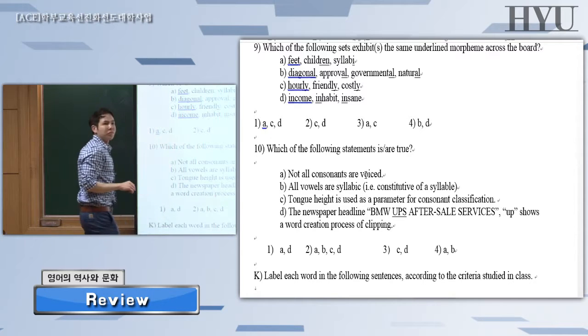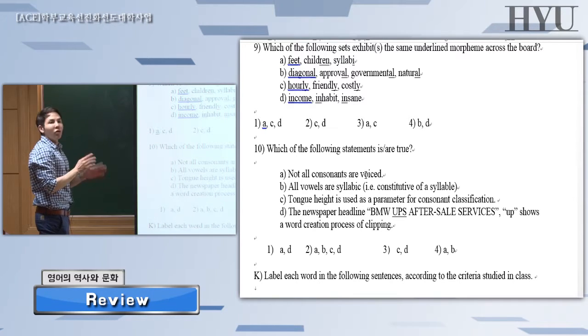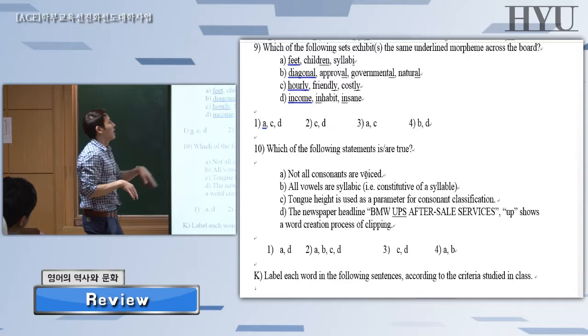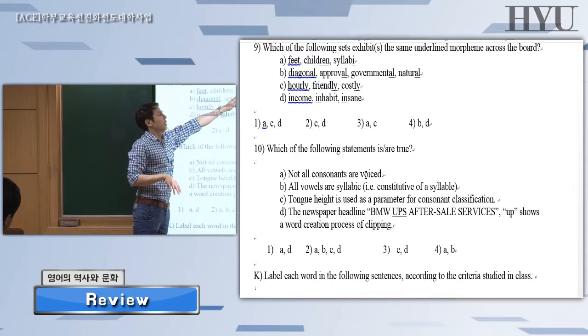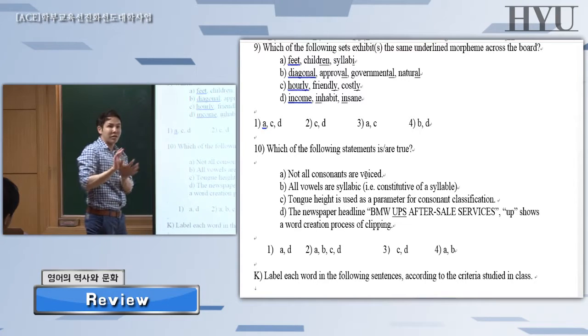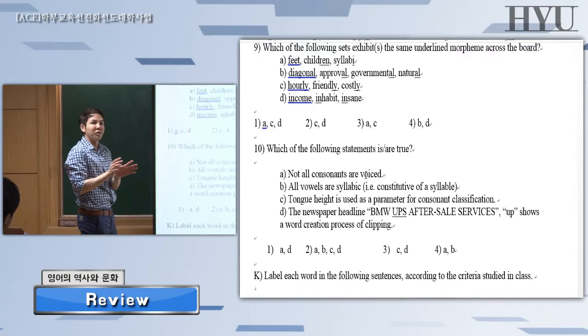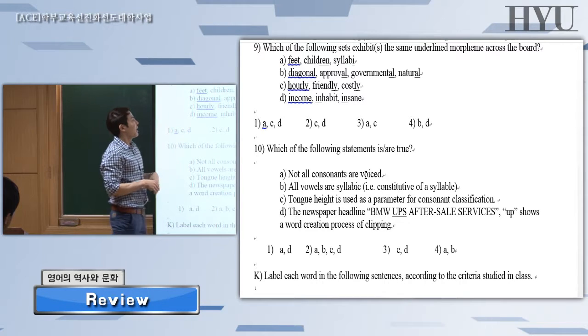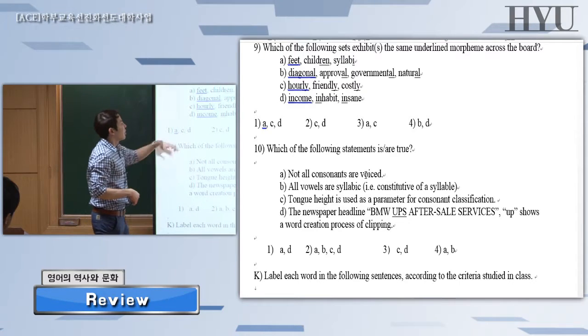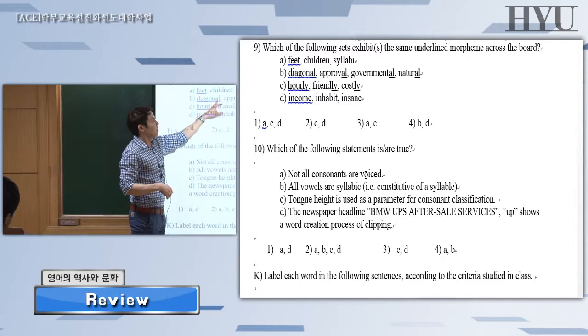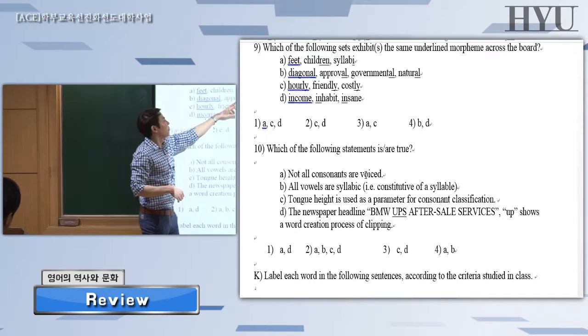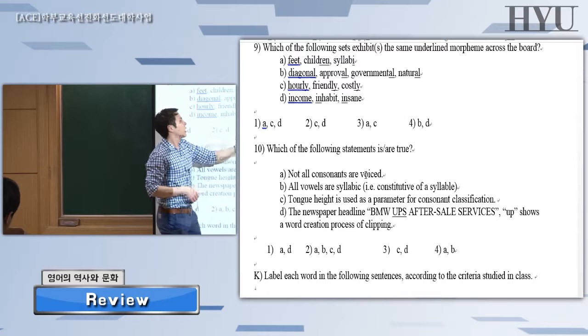Even though the allomorphs might be different, E, N, I, that's allomorph, but the plural morpheme is the same. Number B, diagonal, we have all, which is adjective. Approval, noun.